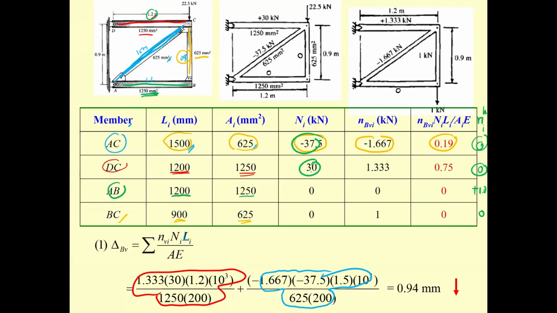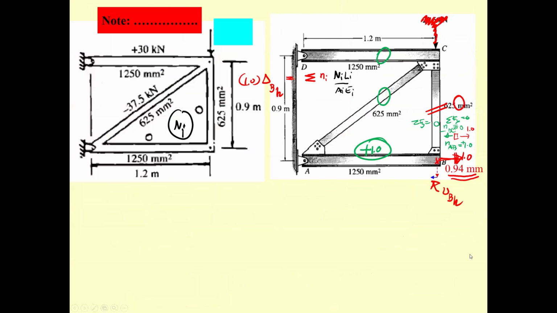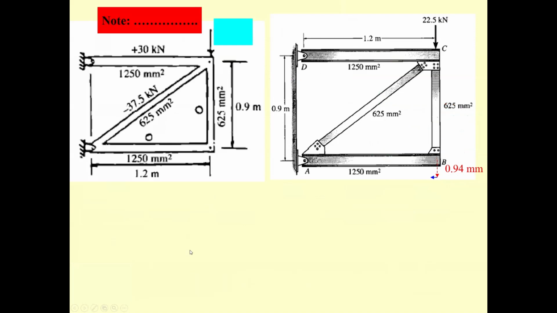N times this one is 0. 1.0 times this one is 0. 0 times this one is 0. So delta sub BH gonna be 0 plus 0 plus 0 plus 0, which is gonna be 0 millimeter. Okay, now I get the result for the displacement at point B in the horizontal direction. I go back over here, and let me erase off.